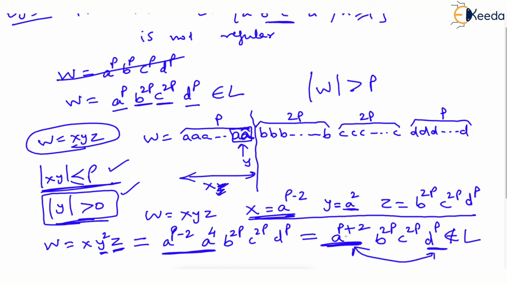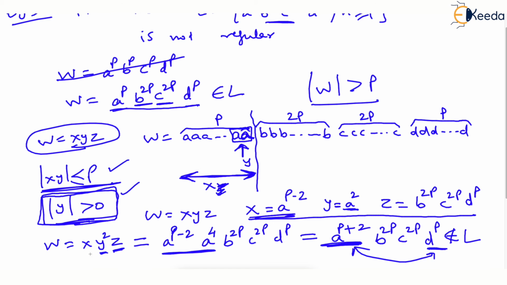DFA does not exist. So I have made my attempt of explaining this in n number of ways. You can take some other string where surely the length of the string is greater than p, and it's not a rule that you should take y as a single letter, because the condition is that length of y should be greater than 0. You can take 2 letters, 3 letters, but see to it that length of xy together is at most p, it should not cross p.